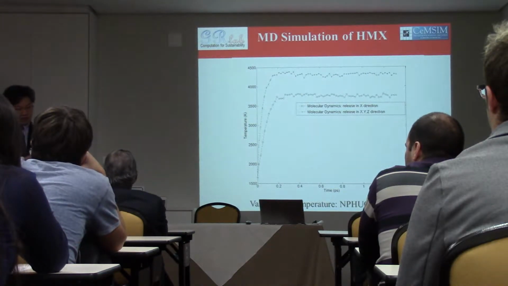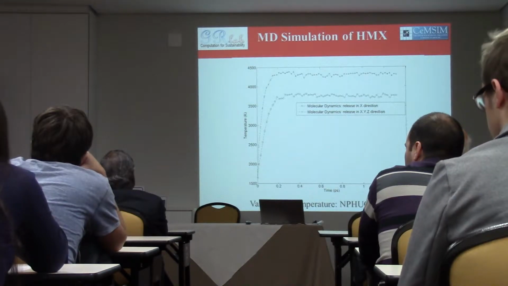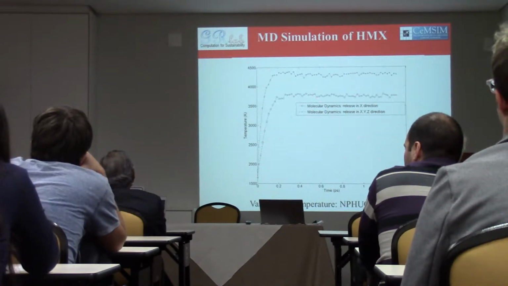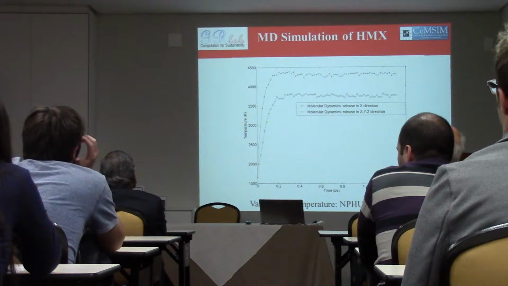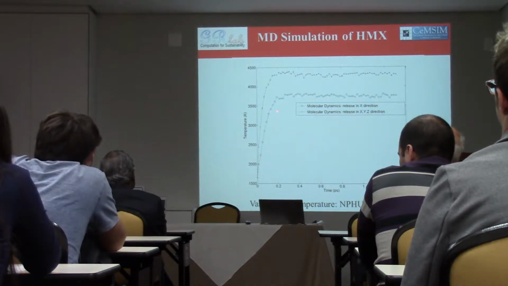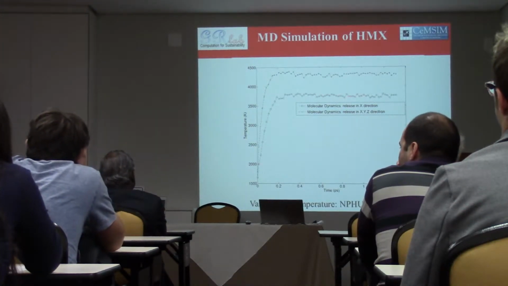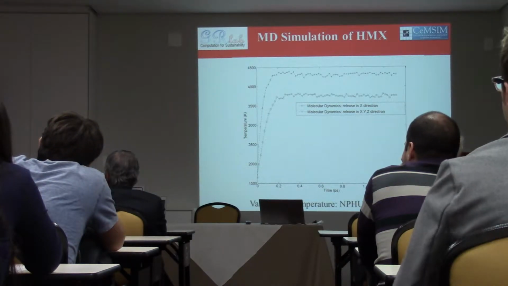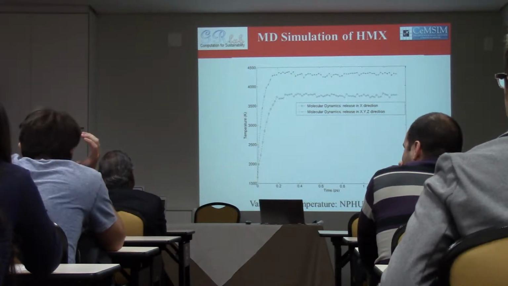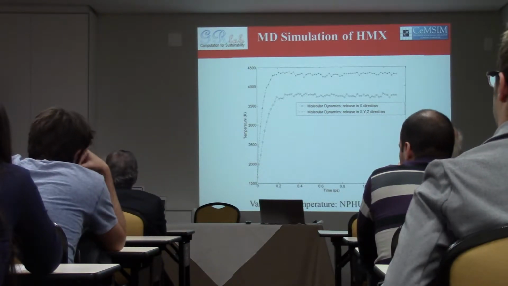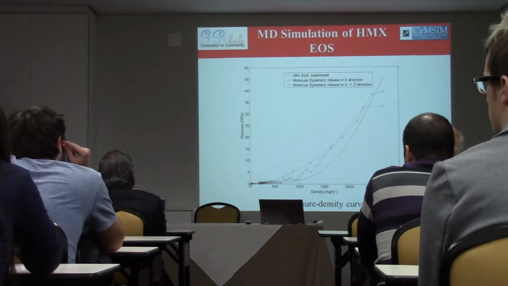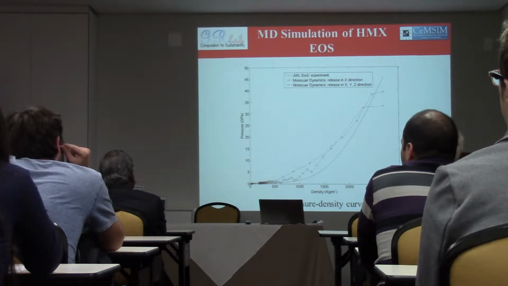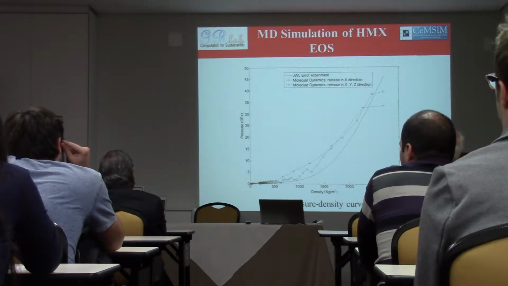Or I can allow everything to be free, so the explosive goes to every place in space. When we observe the temperature change with time, we see that it depends on how you do it, so we have this kind of difference. So it makes things a little bit more complicated. We do not really know which is the best way to simulate the process.